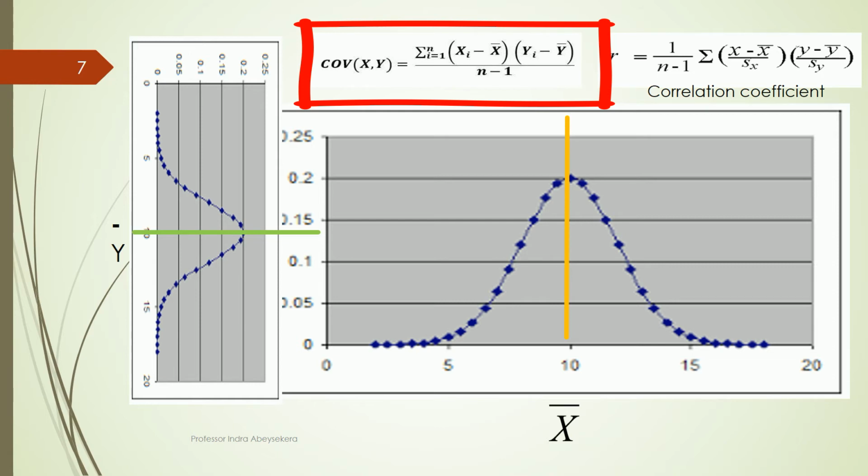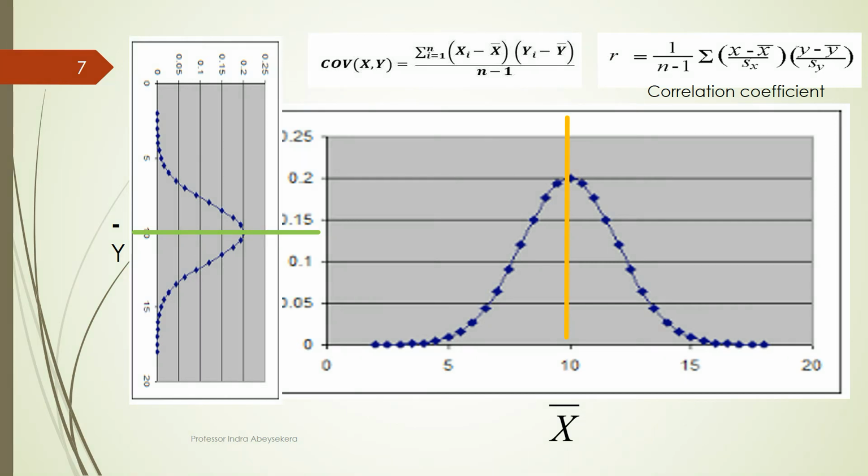And we multiply the two products and we divide by n minus 1, or the degrees of freedom, and that's called the covariance between x and y.